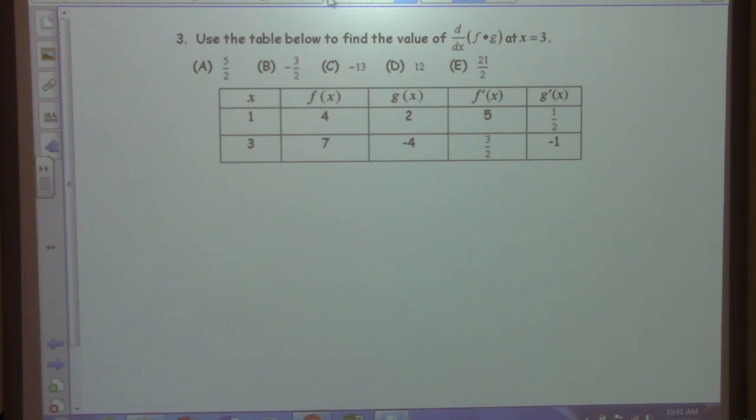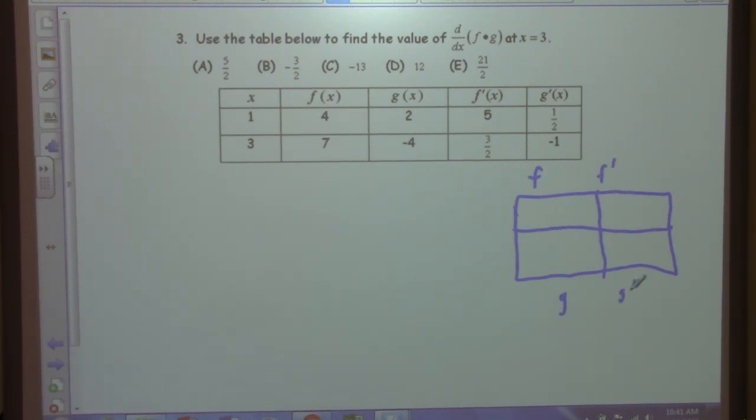Okay, this is the way I had these problems. I explained how to do these problems, how I like to do these problems anyway. So here you're going to put f prime, g prime. And here you have f of 3, and you have f prime of 3.